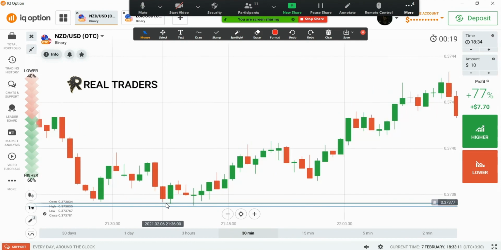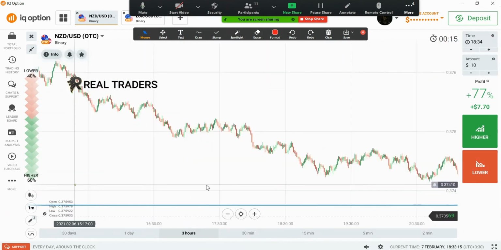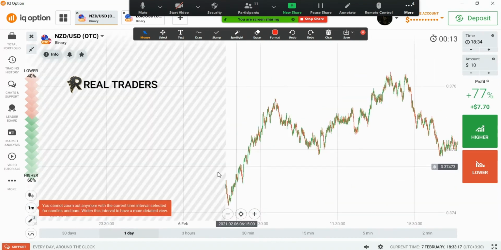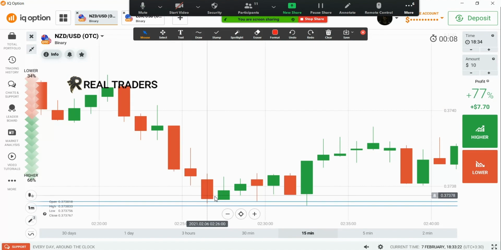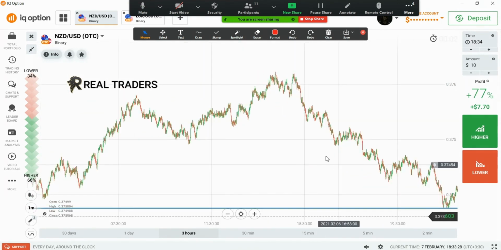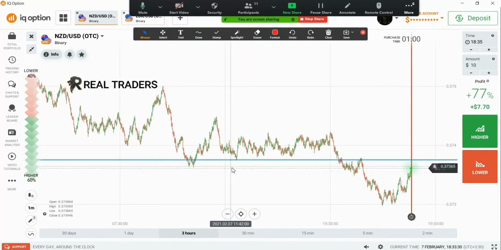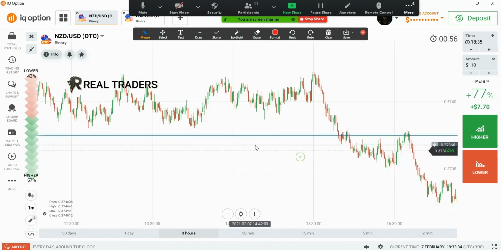Here you can see there are some reversals. So if you check this level, you are seeing this market is respecting this level, right? So we check this level, this one, and we know it is strong.